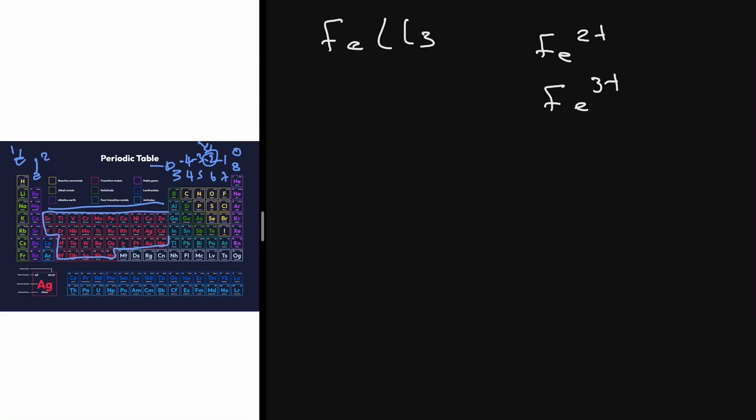We have to know that chlorine is in group number 7. So in group number 7, chlorine is going to have a negative charge. But now we have 3 chlorines. So that means we are going to have what? We are going to have a negative 3 charge, because we have 3 chlorines.